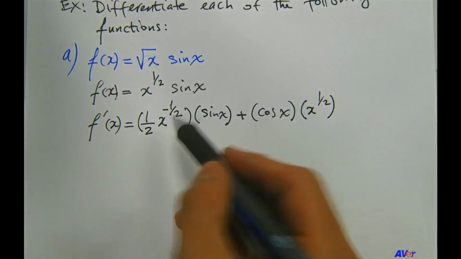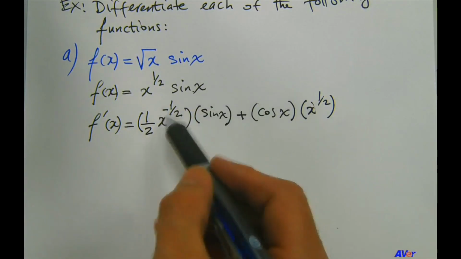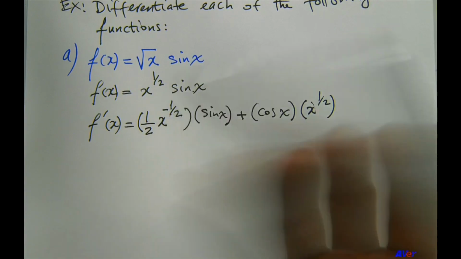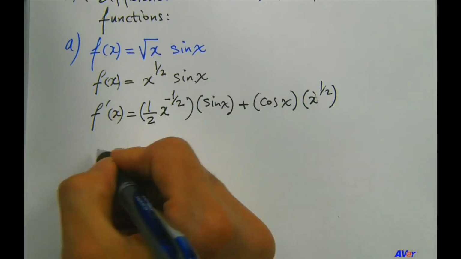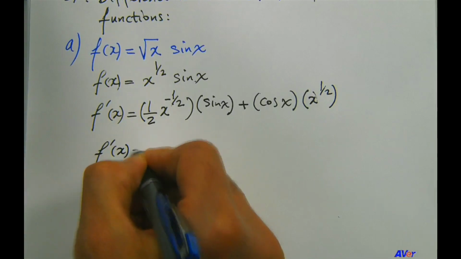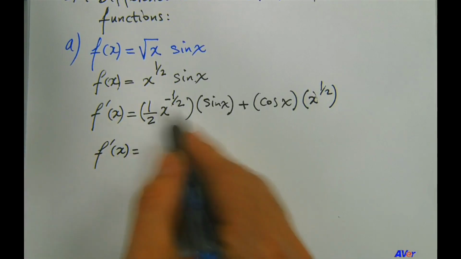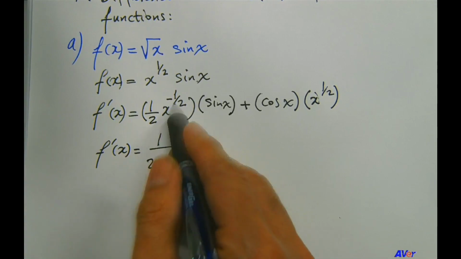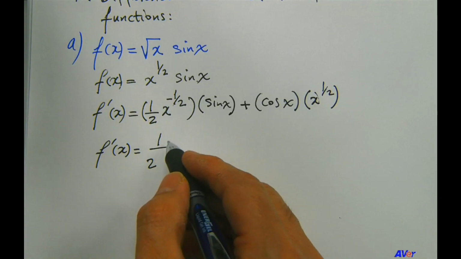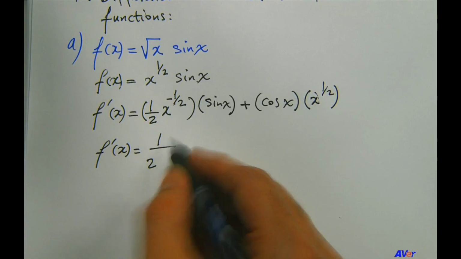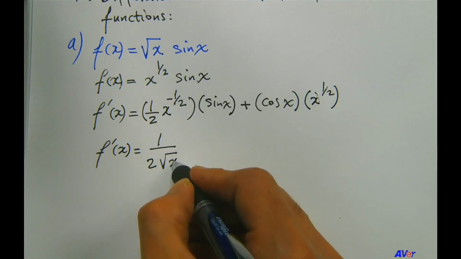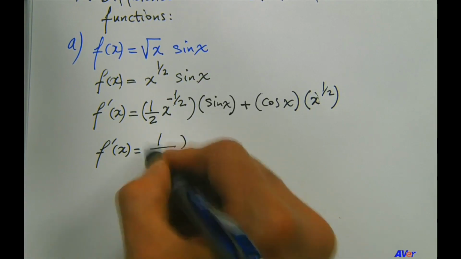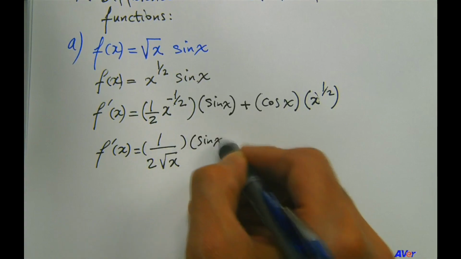So let's clean this up because we have a negative power here. Let's clean this up so it looks neat and nice. So we have f prime of x. We're going to write this with a positive power. So the x to the 1/2 is in the denominator. Let's move this to the denominator and write it in terms of a square root. So square root of x, all of that times sine of x.